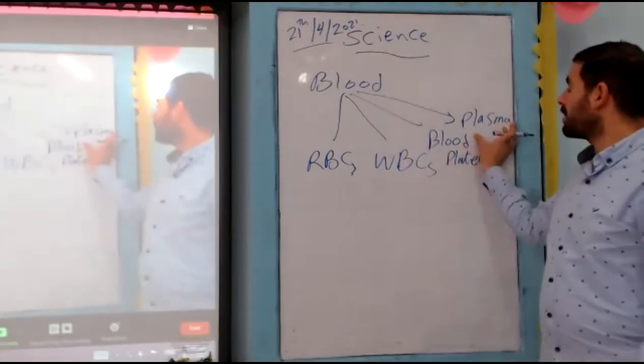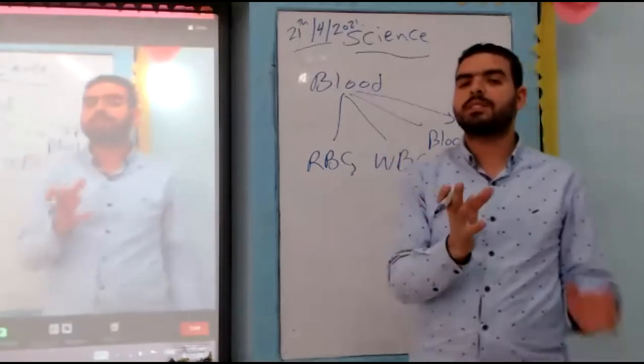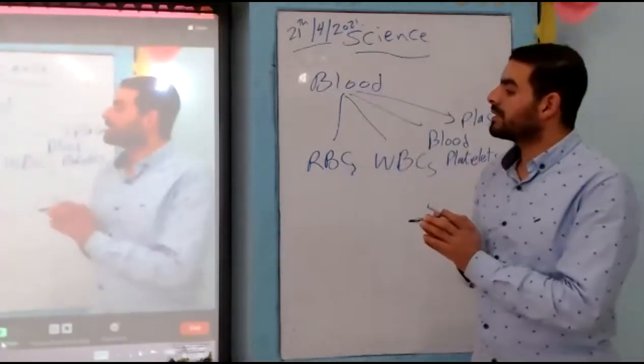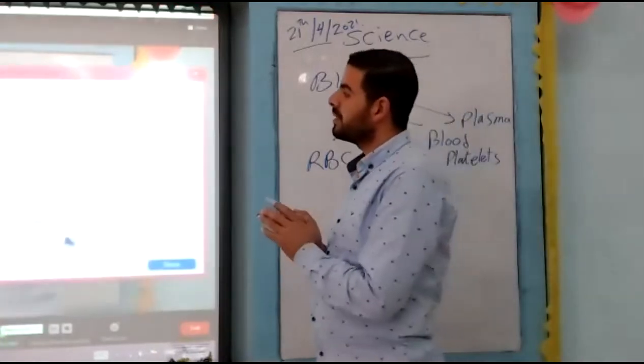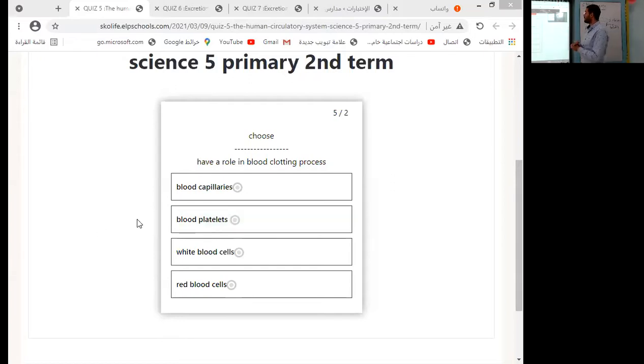And the last component, plasma, is responsible for carrying digested food to cells, then carrying the wastes from body cells. So let's return back to our question. The blood component which has a role in blood clotting process is blood platelets.